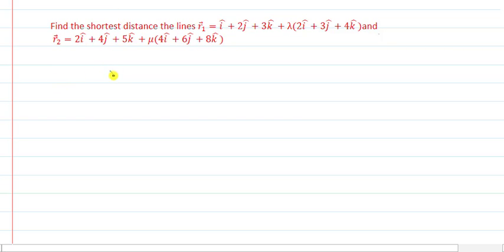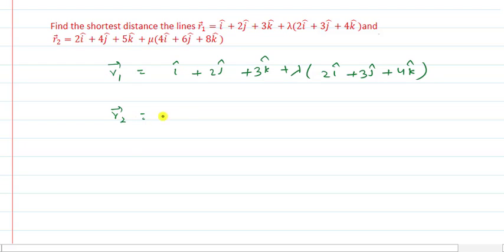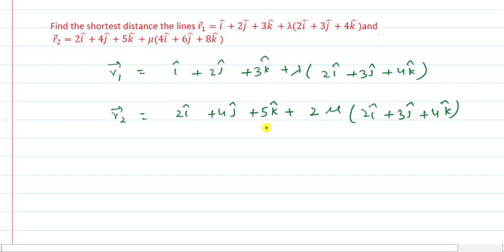So we'll write it as R1 is given as i cap plus 2j cap plus 3k cap plus lambda times 2i cap plus 3j cap plus 4k cap, and R2 is equal to 2i cap plus 4j cap plus 5k cap plus, taking 2 common, 2 mu times 2i cap plus 3j cap plus 4k cap.